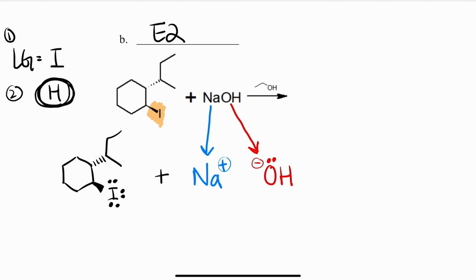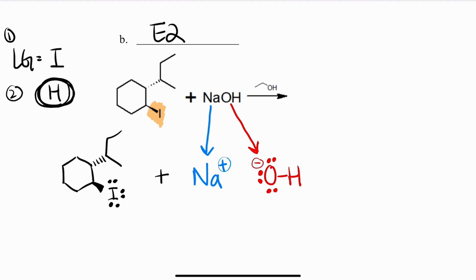Oxygen comes with 6. 2, 4, 6. You don't need to show this, but sometimes she writes it like this. This is the extra electron that actually doesn't normally come with oxygen. That's what this is showing.